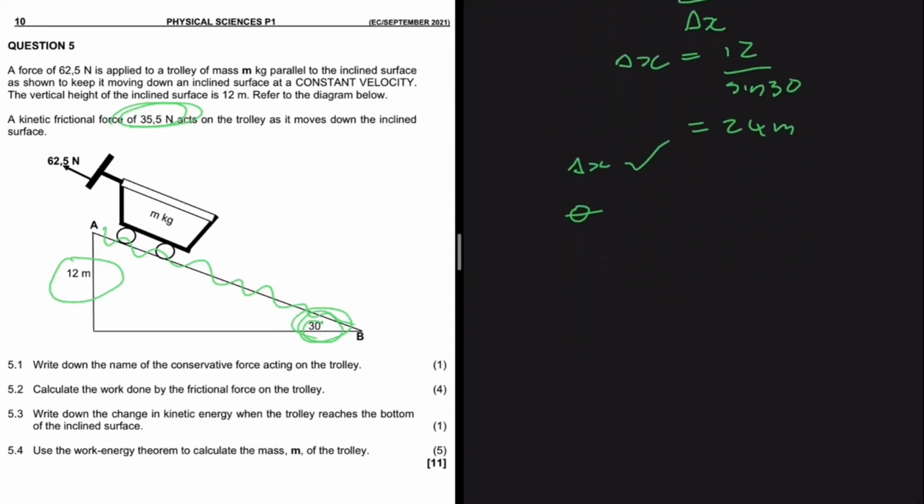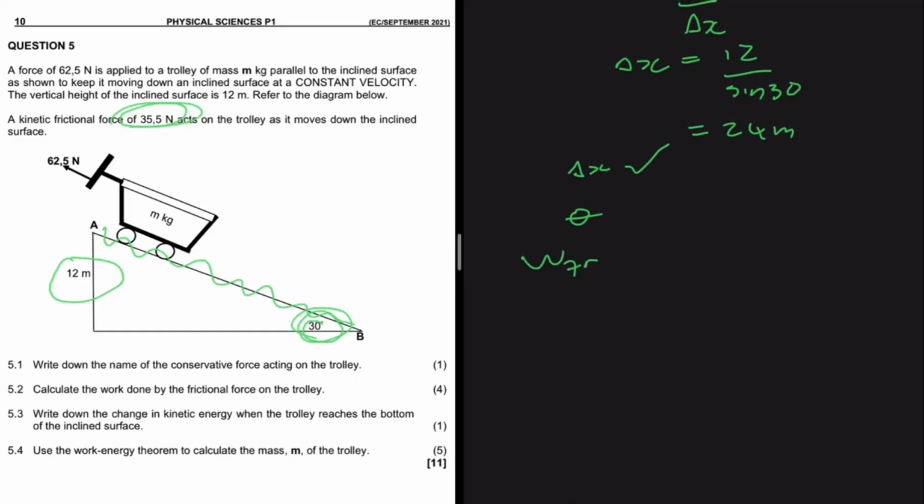Now we can say that the work done by the frictional force will be equal to the force of friction multiplied by the displacement of the object multiplied by cos of the angle. We've already said that the frictional force is 35.5. We calculated the displacement, that's 24, and then the angle.